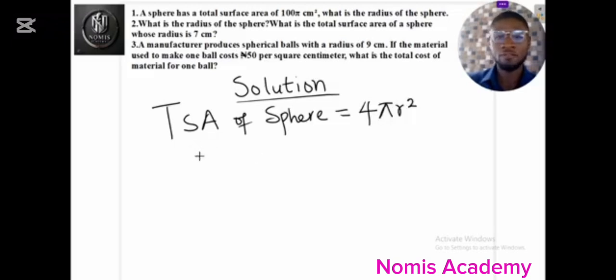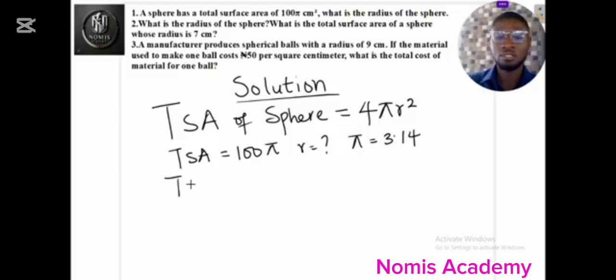From the given parameters, the TSA is given. The TSA is equal to 100 pi. R is not given, and we all know pi to be 3.14. So let's apply the formula to calculate the value of r.